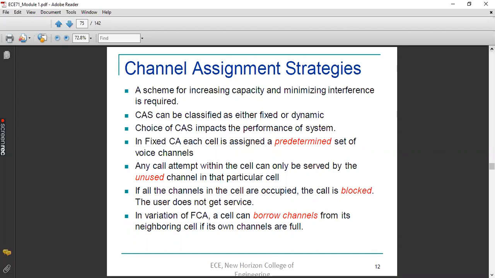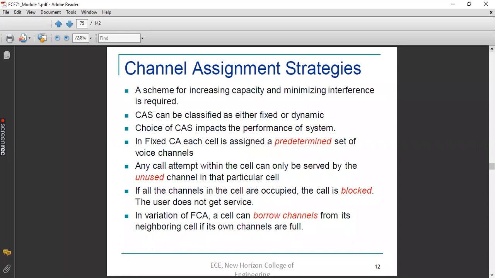In fixed channel assignment, we are going to use only a predetermined set of voice channels. That means we are not going to change the channels assigned to a given cell. So what will happen if all the channels assigned to that particular cell are already in use?